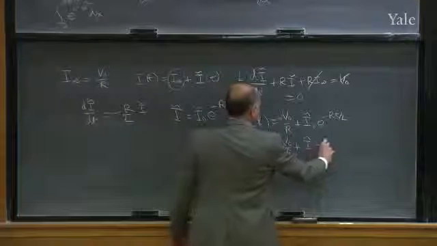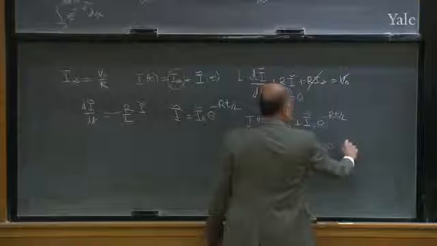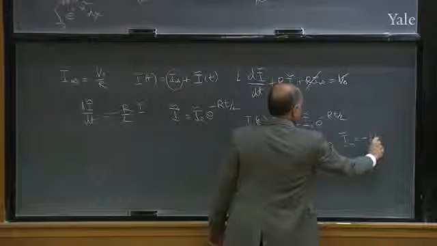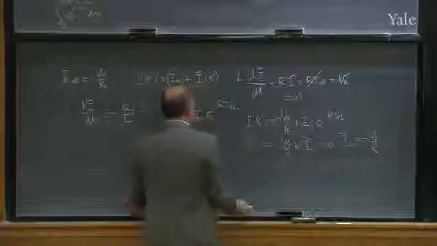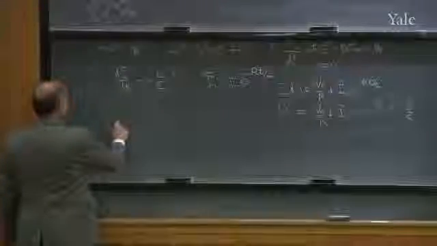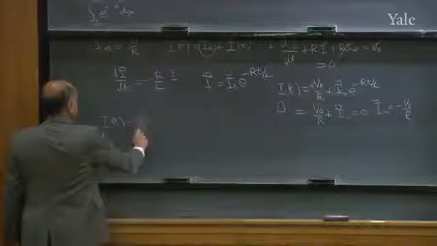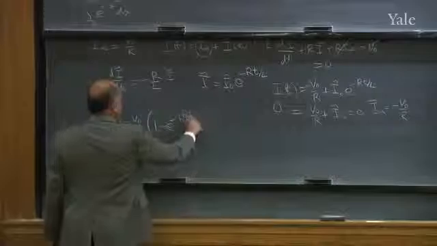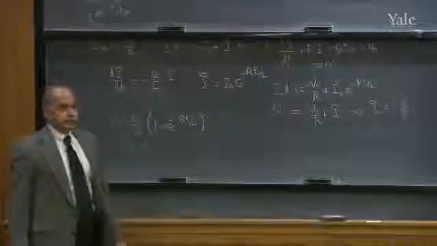So that tells me I twiddle 0 is equal to minus V naught over R. And we get our final result, which is I of t is equal to V naught over R times 1 minus e to the minus Rt over L.